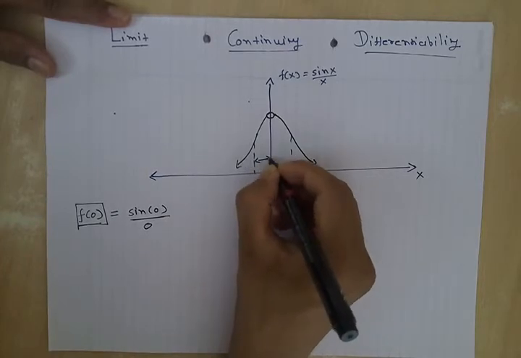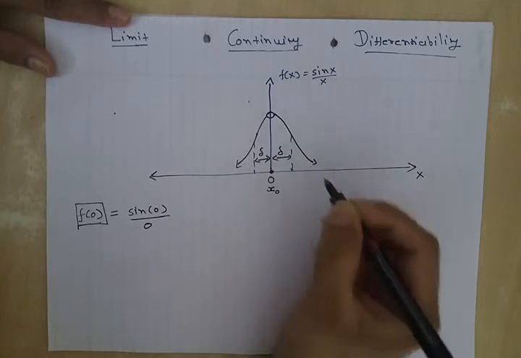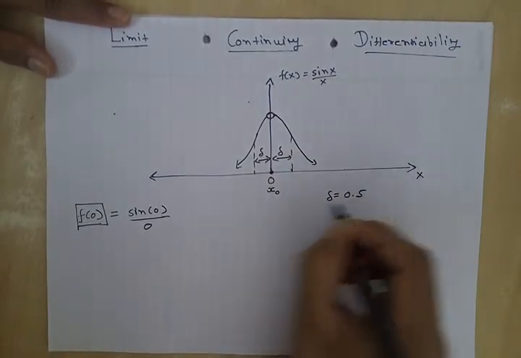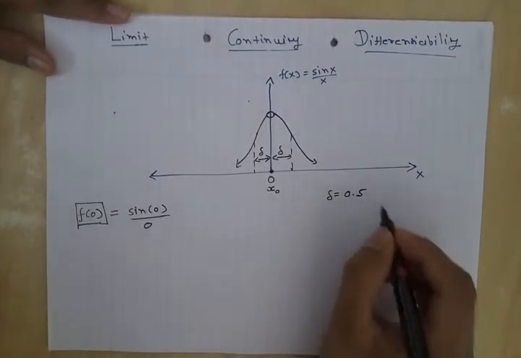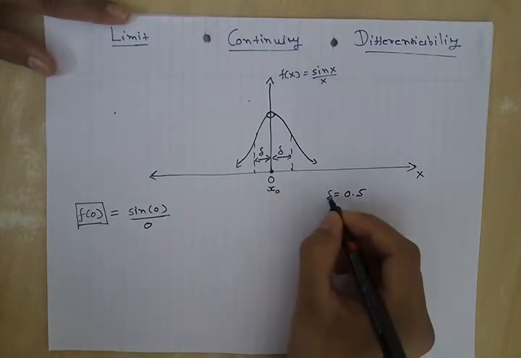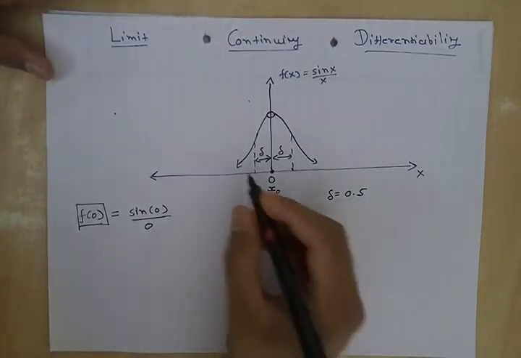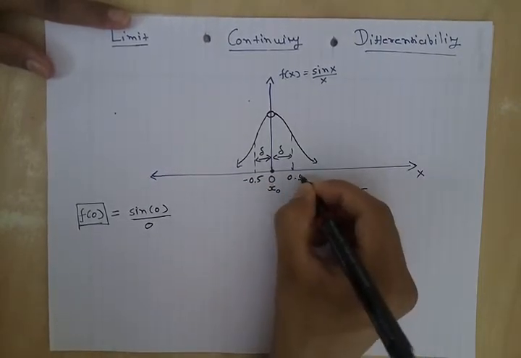Let us call this small interval delta, and let us take delta = 0.5. We can take any arbitrary value, we can also take 0.8, but we have to take delta as small as possible in order to minimize the calculation. So here it will be negative 0.5 and here it will be 0.5.